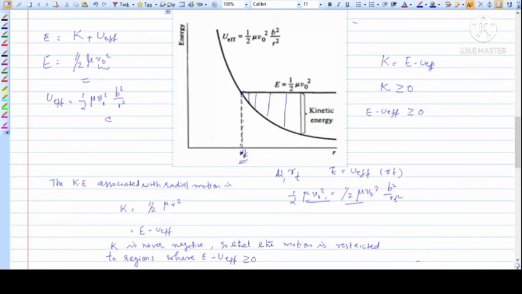After this point, R increases again, so the particle of mass mu hits at this point and bounces off.